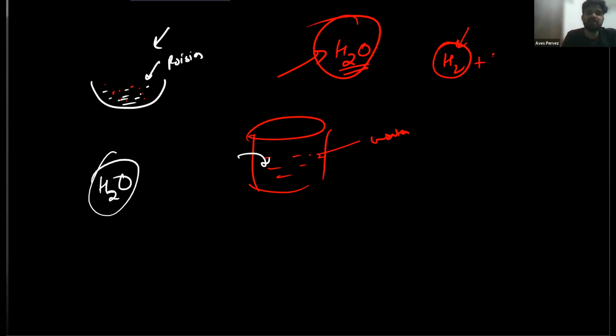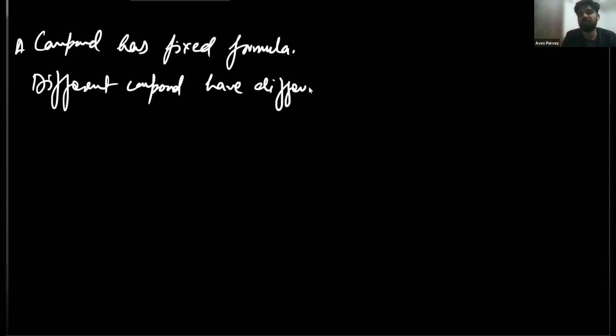And the last point is that compounds have a fixed formula. A compound has a fixed formula. Different compounds have different formulas. But mixtures don't have a fixed formula.